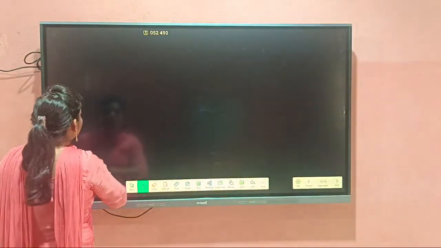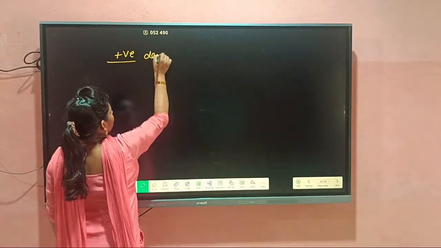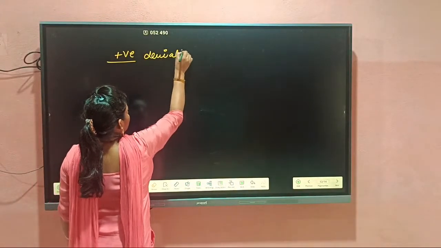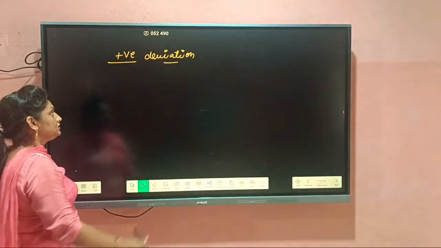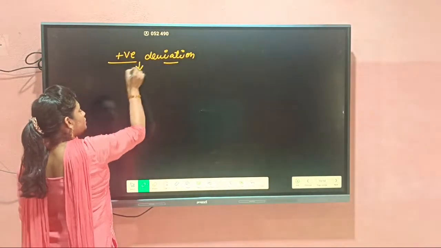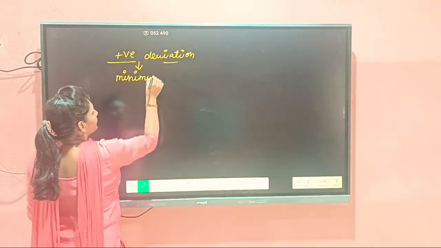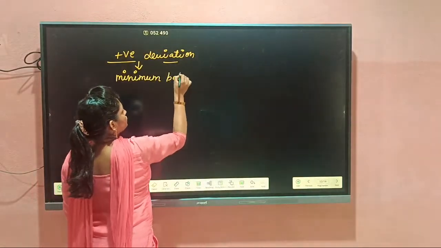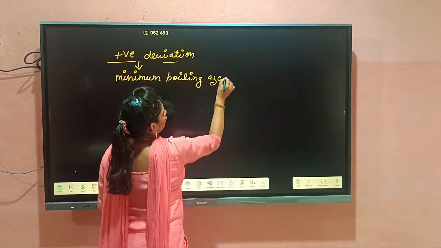For example, for positive deviation. Positively deviated solutions show minimum boiling azeotropes.